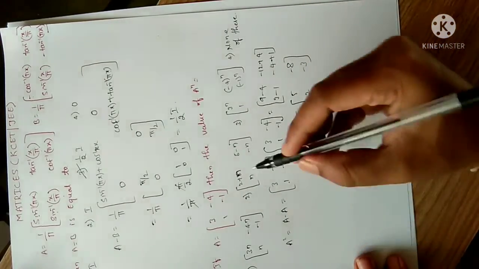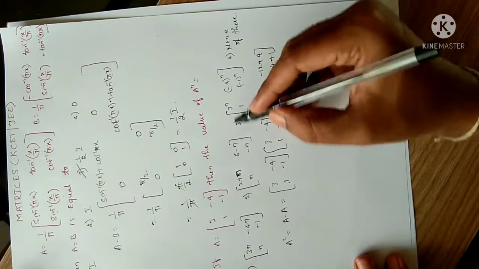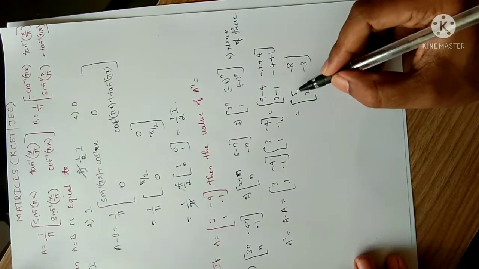Here I will fill in this n to the power of 2 in the options. In the third option also n to the power of 2. Which option will satisfy this result?